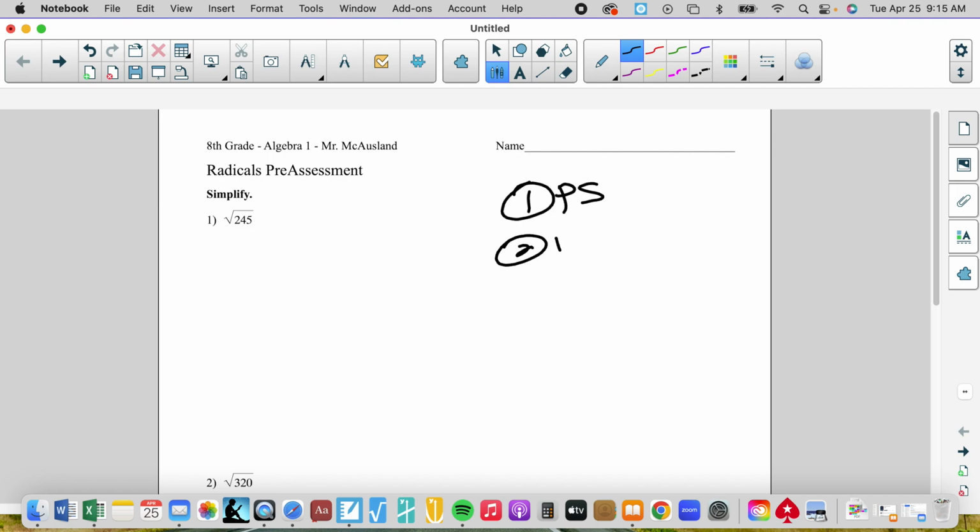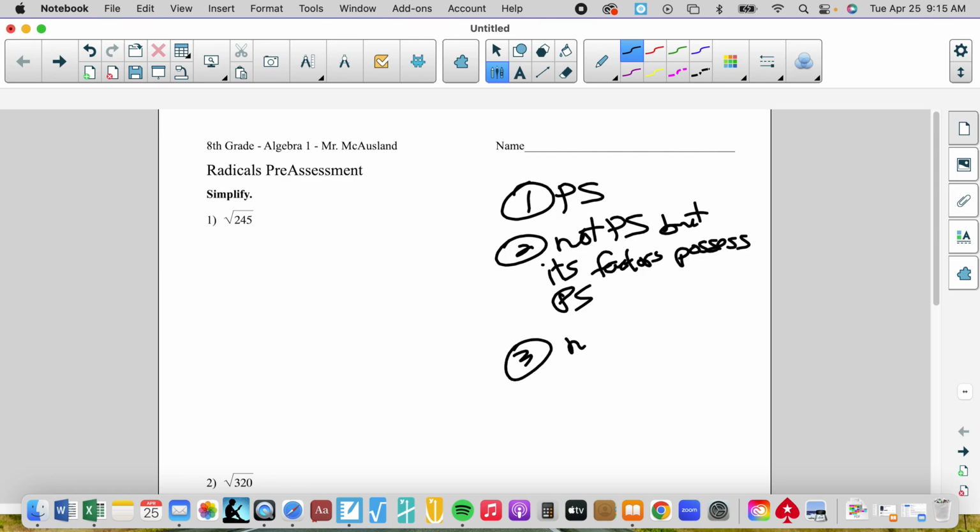Two, is it not a perfect square, but its factors possess perfect squares? Or three, is it not a perfect square and has no perfect square factors, so it can't be simplified? So when we have 245, wowzers.